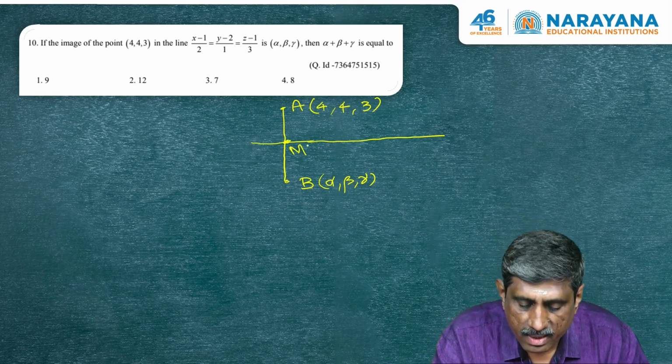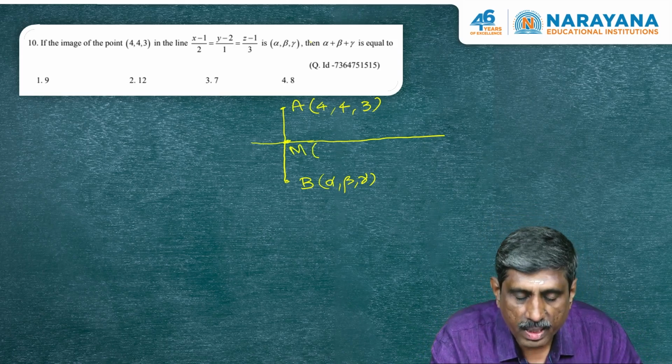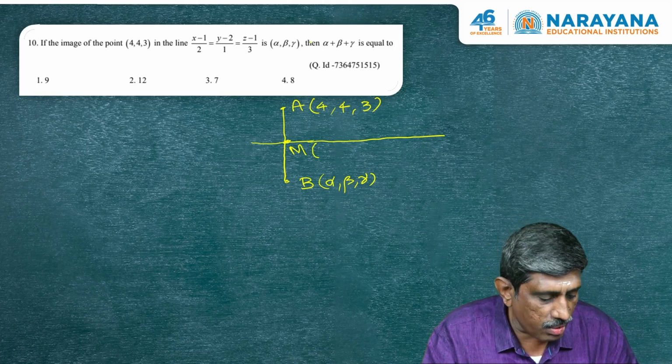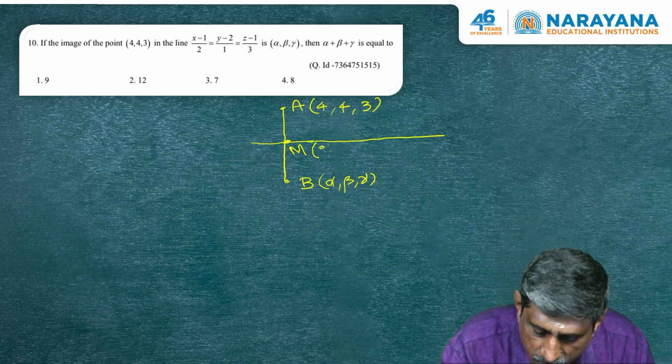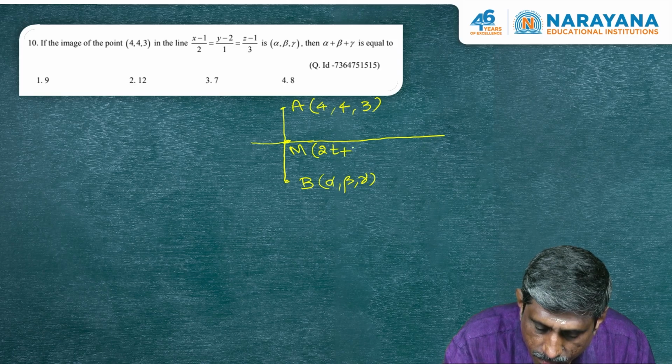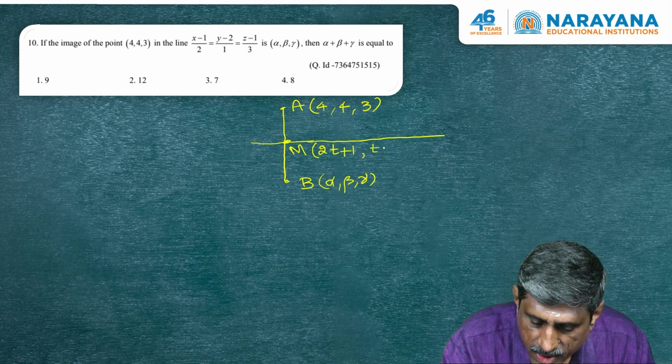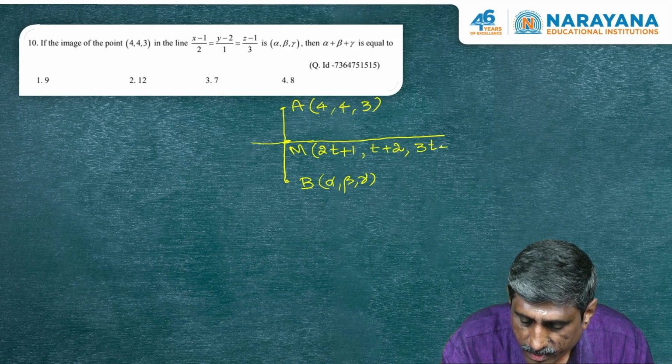So, let us take that point M in terms of the parametric coordinates. If you assume the parameter is equal to t, the point is going to become (2t plus 1, t plus 2, 3t plus 1).